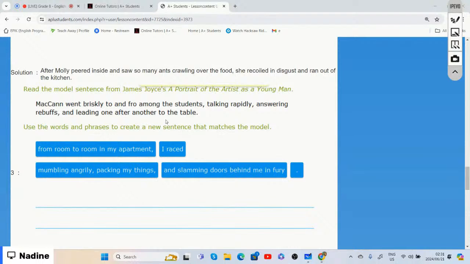We now have to use the words and phrases to create a new sentence that matches that specific model.